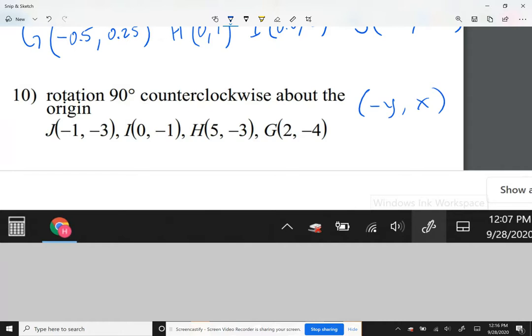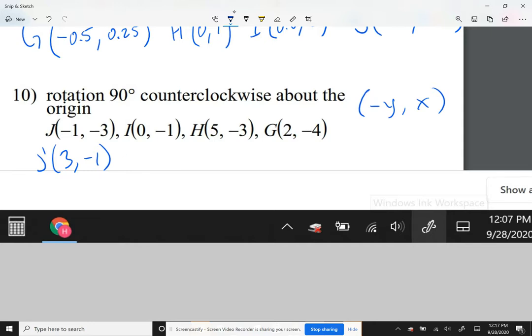So my x and my y are going to flip, and my y value, I'm going to switch the sign. So if I wanted to know J prime, my answer would be 3, negative 1. So notice how the x and the y flip, and notice how on the 3, I switch the sign.